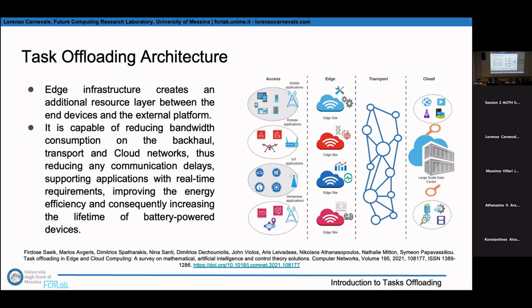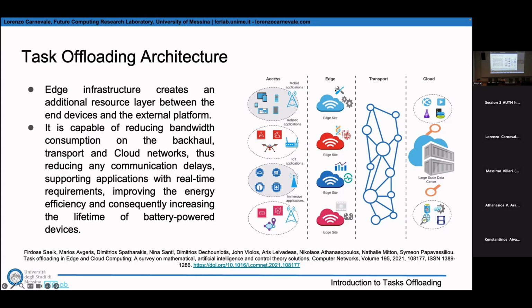So in this picture that comes out from the paper mentioned here on the bottom, we have different layers that are typically the layers that I mentioned at the beginning, with the Internet of Things on the left, where we have, in this case, a kind of access layer where the IoT is differentiated by immersive applications like augmented or virtual realities and robotic applications. But let's think about a general IoT layer.